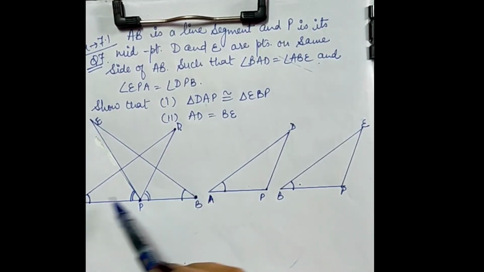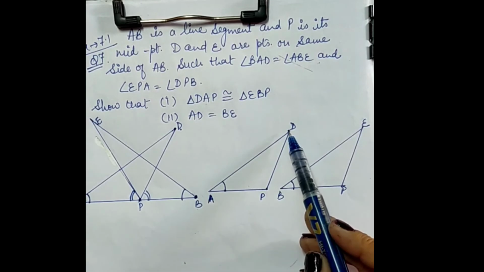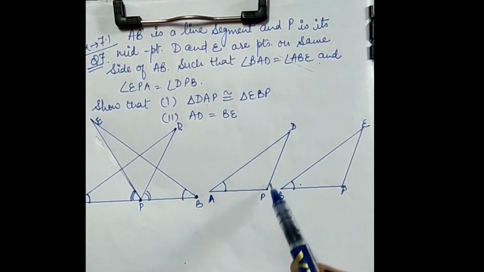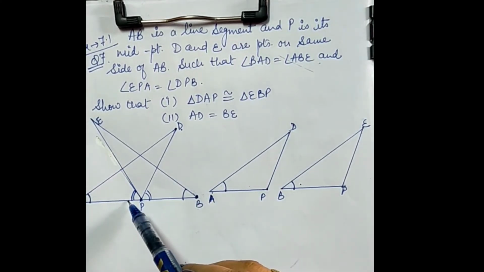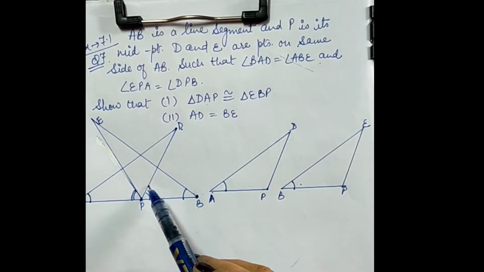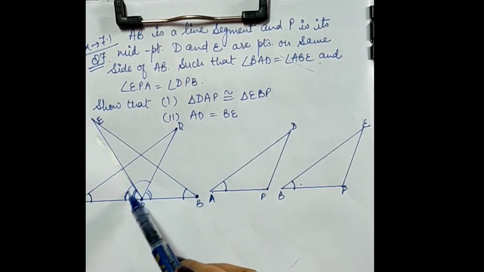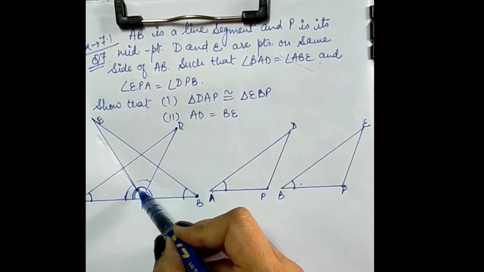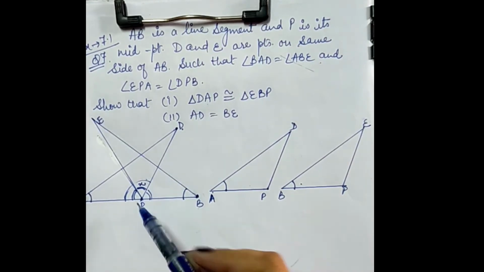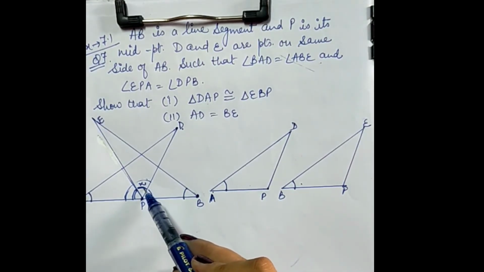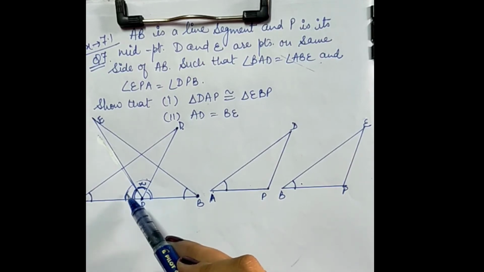EPA is this angle, but we don't have any EPA. We have DPA. So to make it DPA, this much angle, what we require is this angle here. Let it be X. So if we add angle X in EPA, we will be getting DPA.